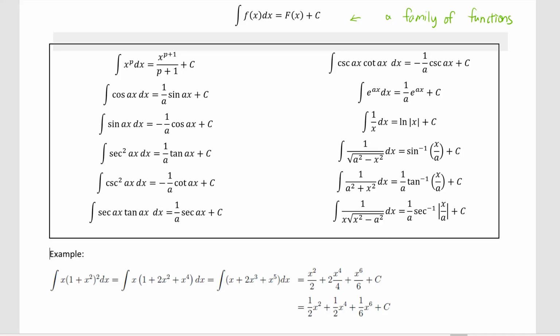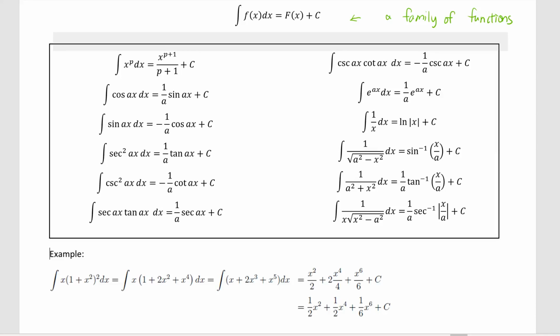The integral of 1 over square root of a squared minus x squared is arcsine of x over a plus c. The integral of 1 over a squared plus x squared equals 1 over a arctangent of x over a plus c. The integral of 1 over x square root of x squared minus a squared is 1 over a times arcsecant of the absolute value of x over a plus c.